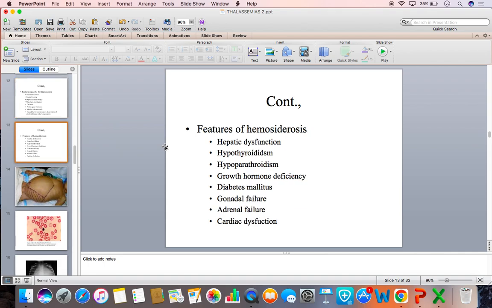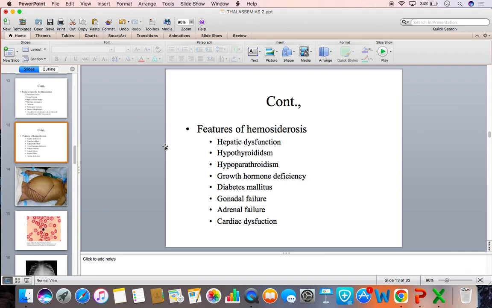And features of hemosiderosis. When the child has been suffering from chronic anemia and hemoglobin is falling, there is hypoxia resulting in hyperplasia of the erythroid tissue, resulting in the bony abnormalities and the pathological fractures. To prevent this situation, you have to transfuse the patient, and repeated transfusions result in iron overload.